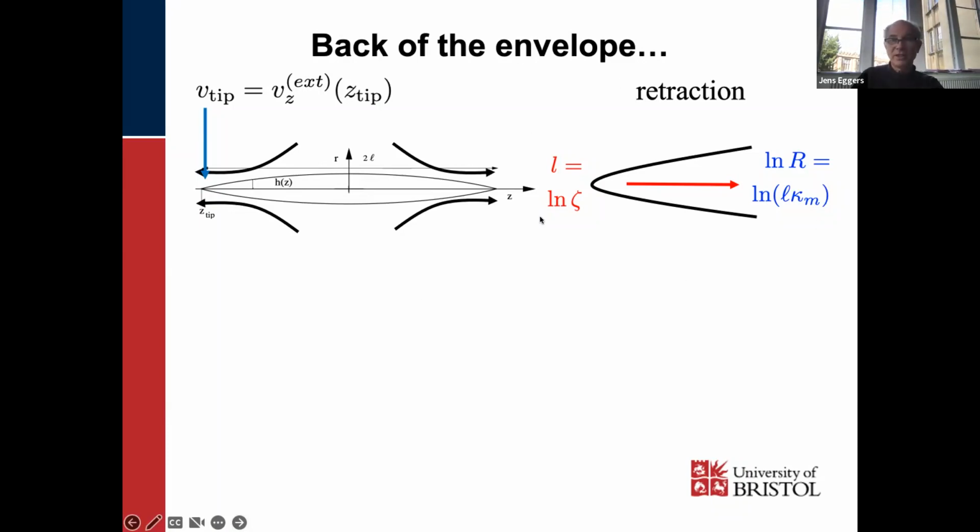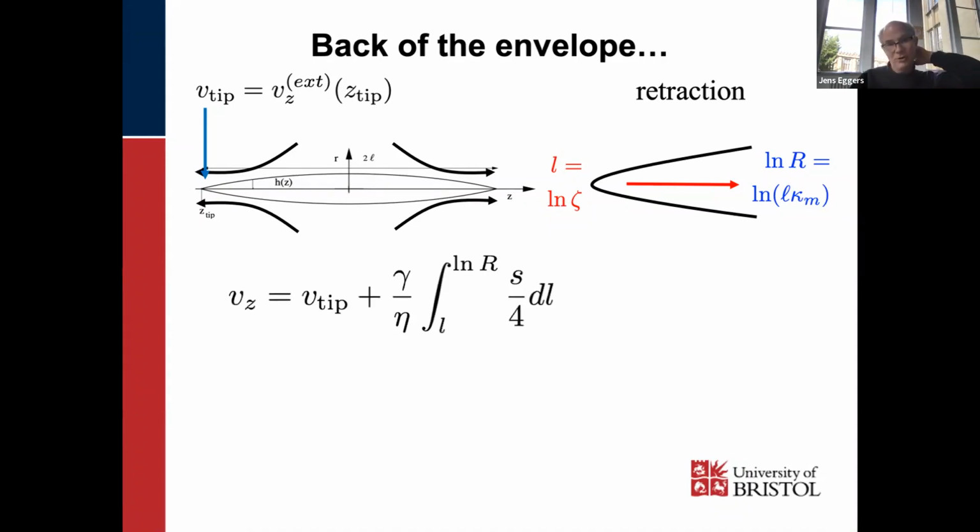So the difficulty is to calculate the speed of retraction, and I'm going to show you in a minute how you do it. But essentially, what you find is that along this interface, you have to keep into account the contributions to this retraction coming from all scales.